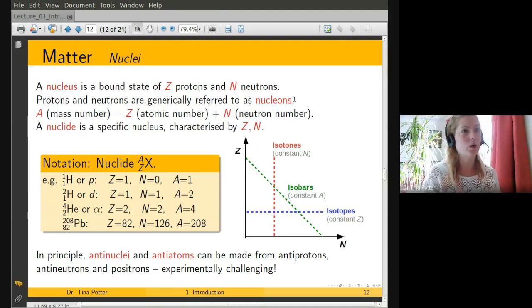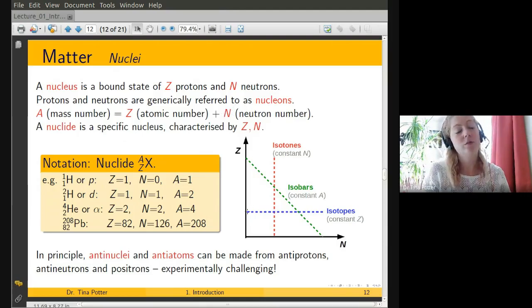And I will trip over my words quite a lot with this, nuclei, nucleons. So I'm very sorry about that. Hopefully you'll be able to follow if I do trip up. We denote the mass number of a nucleus. See, I've done it already. Nucleus with A, and that's simply the number of protons plus the number of neutrons.